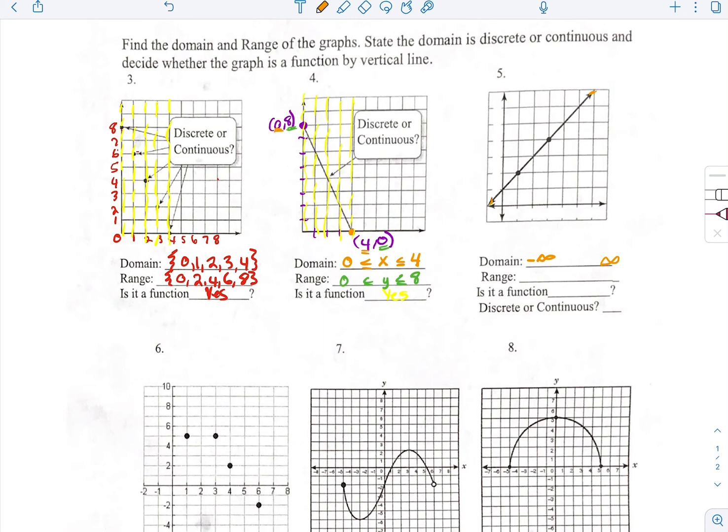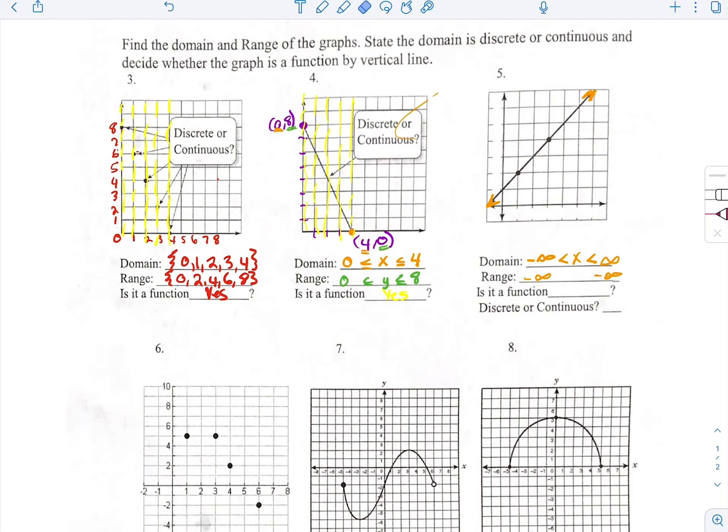And we do the same for the range because there is no lowest or highest y value. Remember, domain deals with x, so we put x, and then it's not a less than or equal to because this is not a closed endpoint. This is an open endpoint with the arrow. So we're going to write strictly less than because we cannot reach negative infinity or positive infinity.